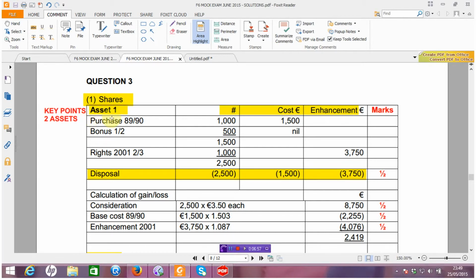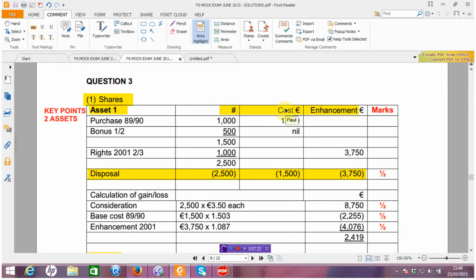Asset 1, I'd probably put in there maybe date or event, because here's where we're populating this particular column with the actual event that takes place. Obviously the first one is going to be a purchase, and then we have bonus and rights. In terms of the other columns, we certainly need a number. That's going to be particularly helpful when we're trying to build in bonus and rights, because they're always based on the number of shares.